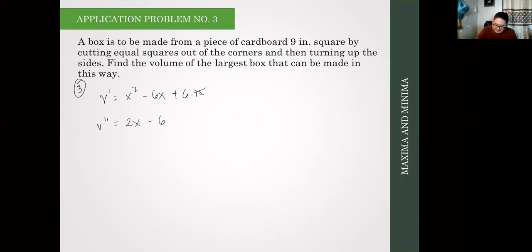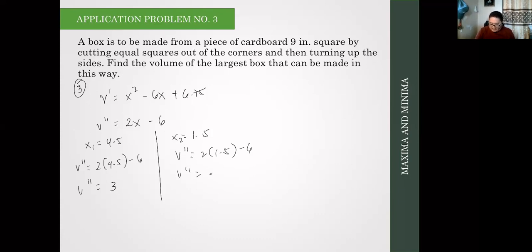And may value tayo na x is equals to 4.5 and x is equals to 1.5. Kailangan substitute natin yan parehas. So, dito sa una, pag sinubstitute natin siya na 4.5, second derivative natin is equals to 3. Okay? Dito, this will be negative 3. Okay? Ito is greater than 0, ito ay less than 0.